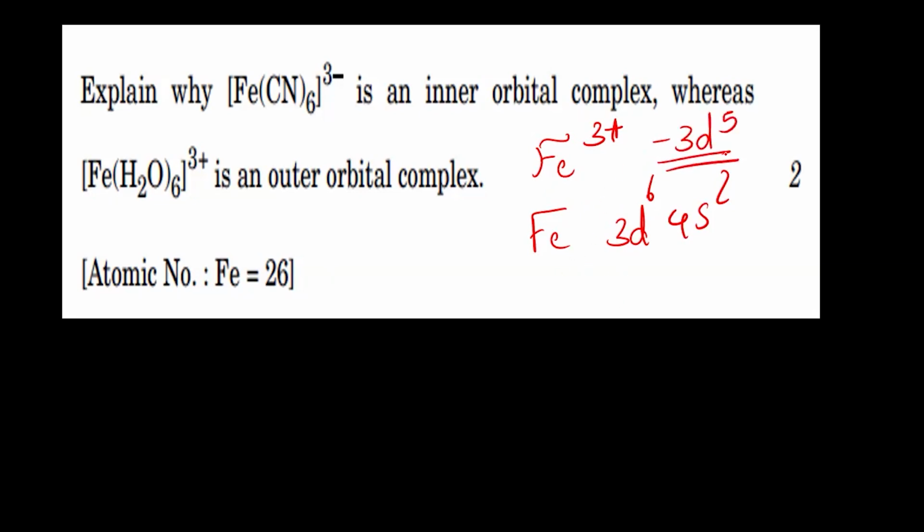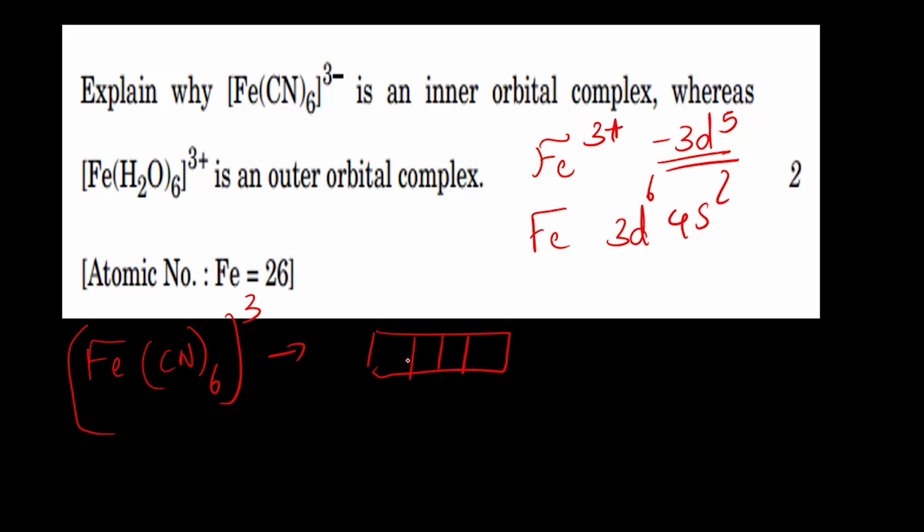So here 6 CN- are coming. In [Fe(CN)6]3-, the electrons are sitting like 1, 2, 3, 4, 5, and 4s is vacant. Okay, 3d5 4s.